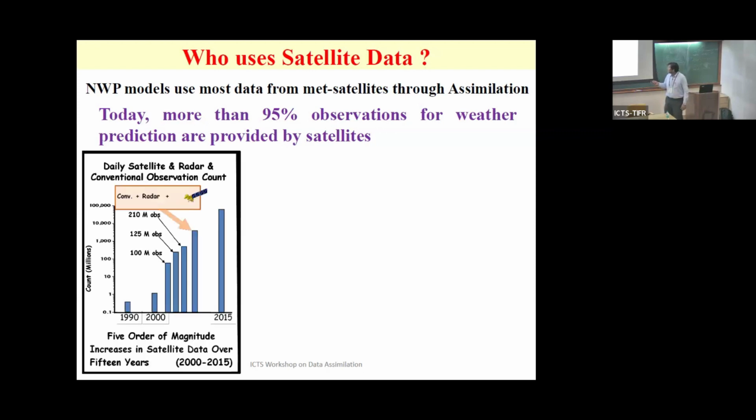Now, here you can see how the observations which are available from satellite and other sources increased. It increased around 5-fold in the last 15 years from 2000 to 2015. And this data is continuously increasing.